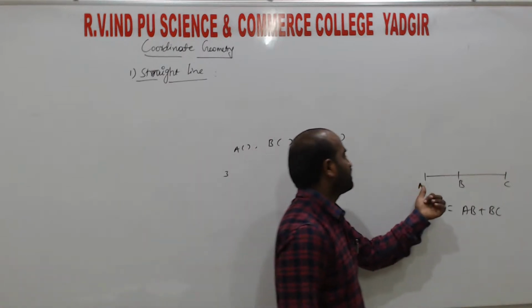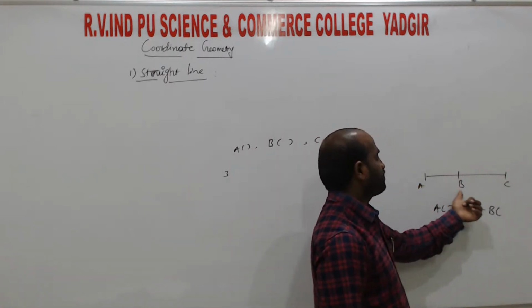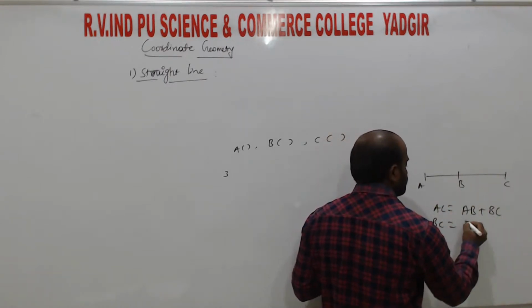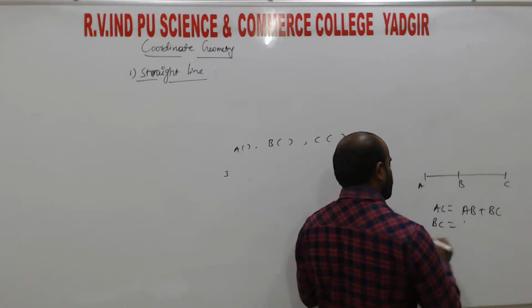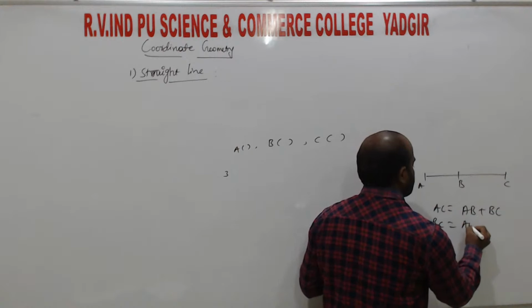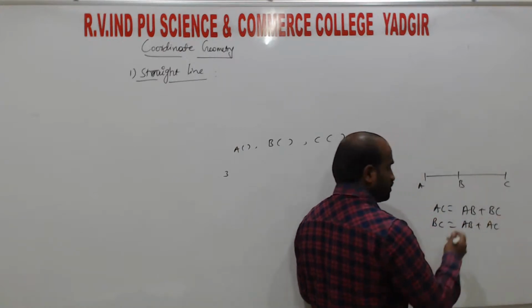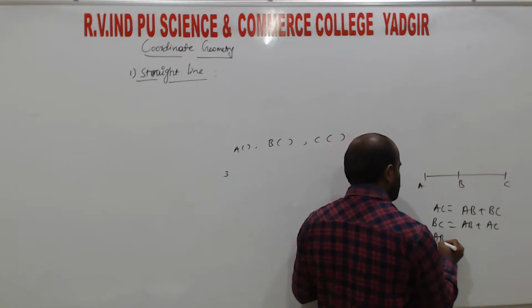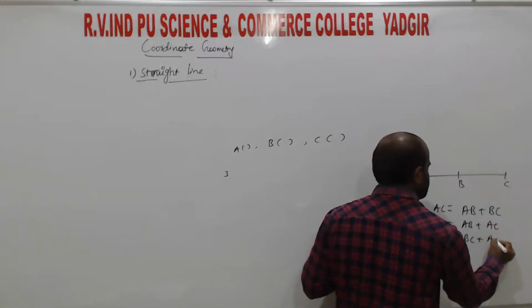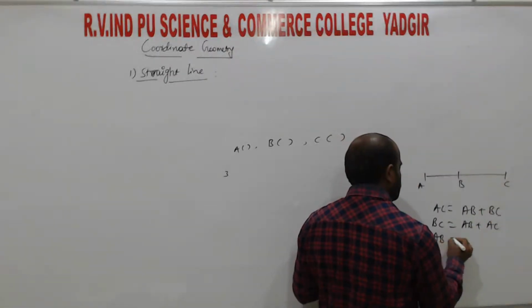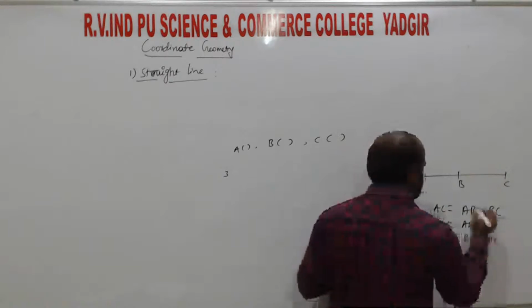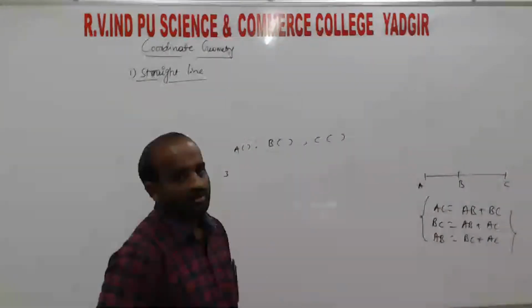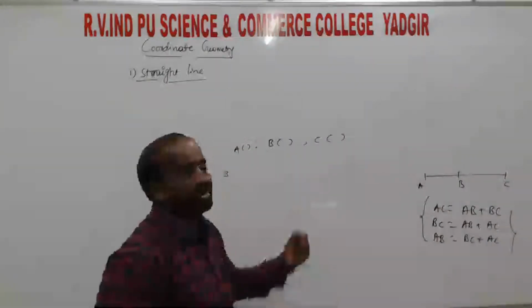Now AC is equal to AB plus BC, or BC is equal to AB plus AC, or AB is equal to BC plus AC. If anyone of these conditions is satisfied, then the 3 points are collinear. ಇದರಲ್ಲಿ ಯಾವುದಾದರೂ ಒಂದು satisfy ಆಗೋದಕ್ಕೆ ಏನು ಹೇಳ್ತಾರೆ? Given points are collinear.